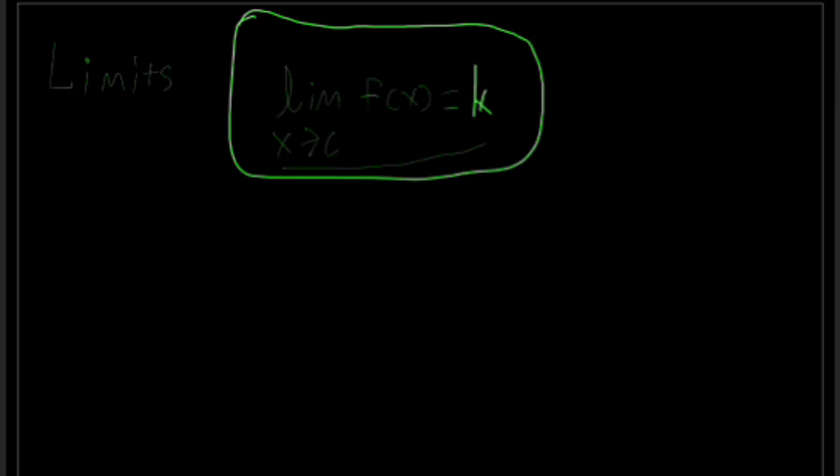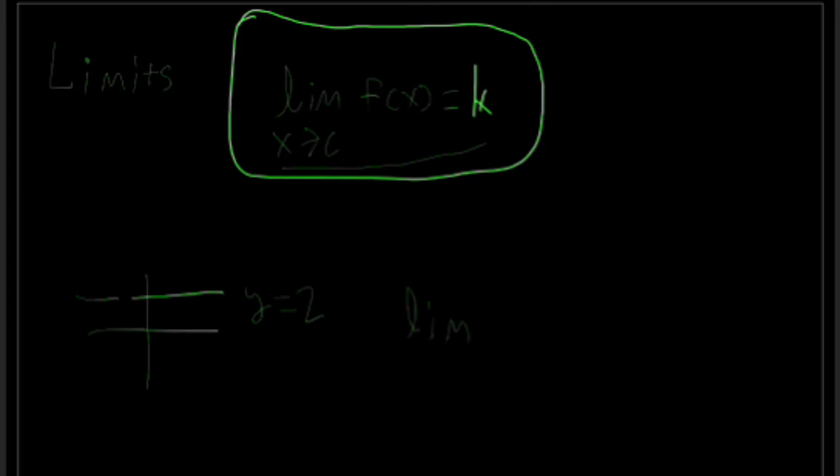Now, let's have a quick example. Imagine a function that's pretty much a straight line. And this is about at y equals 2, okay? But for some reason, at x equals negative 1, we have a bit of a gap. So, what would the limit be here?